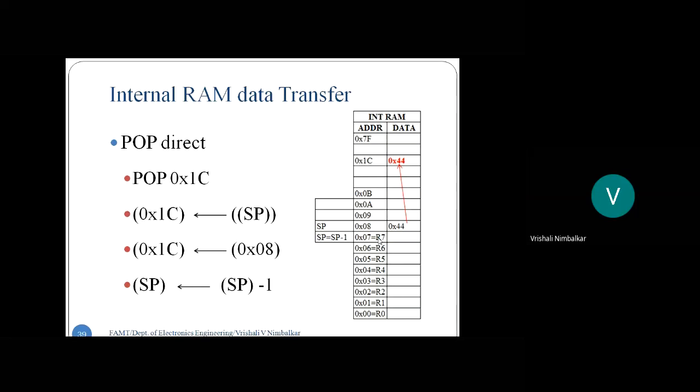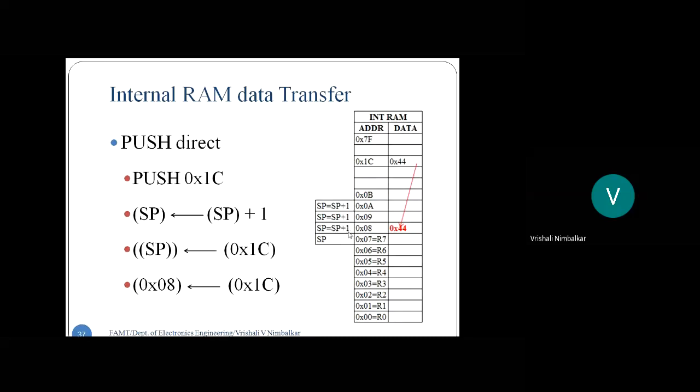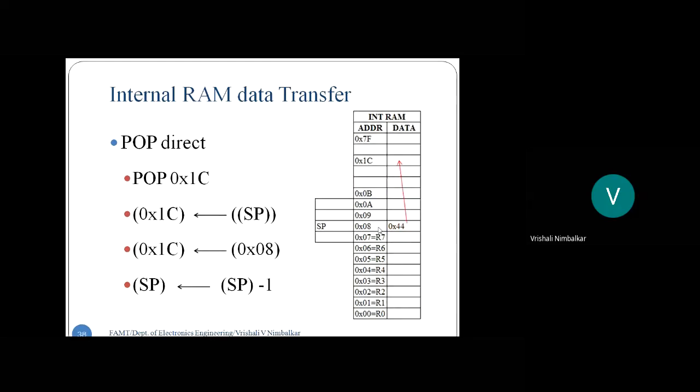Then we did one push and it went to 8. Then immediately we did a pop. It read the data from 8, took the data, and came back to the original location. So while reading, read the data, then decrement the stack pointer. While writing, increment the stack pointer and then write.